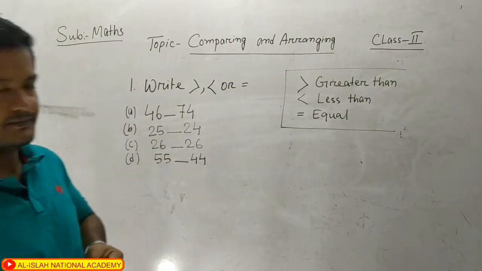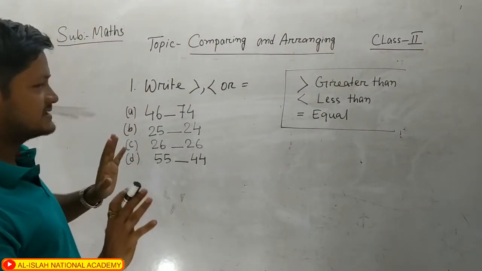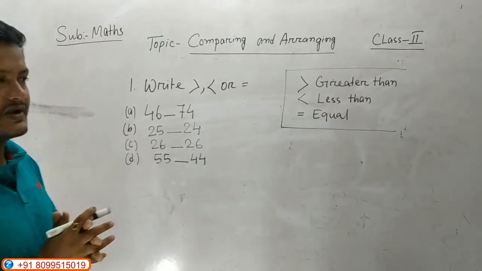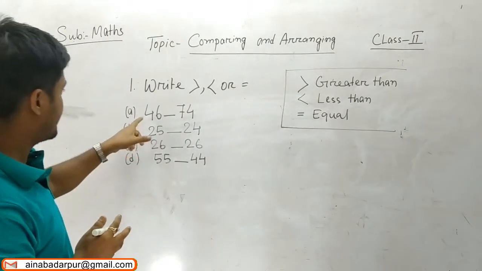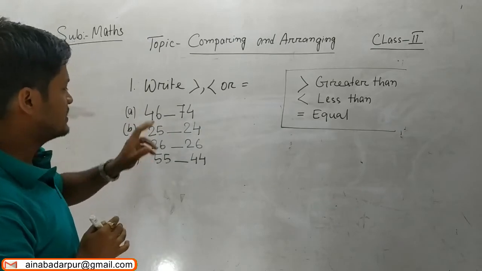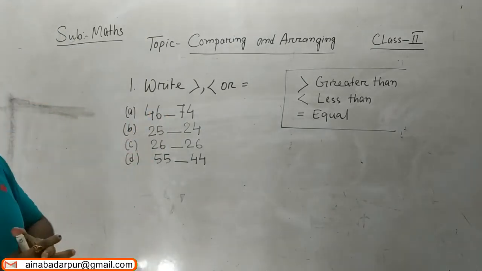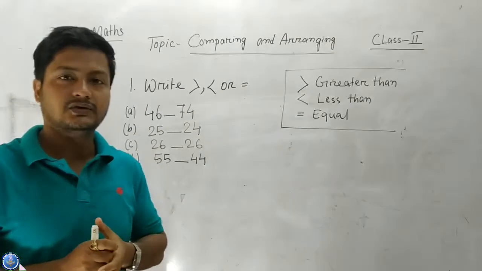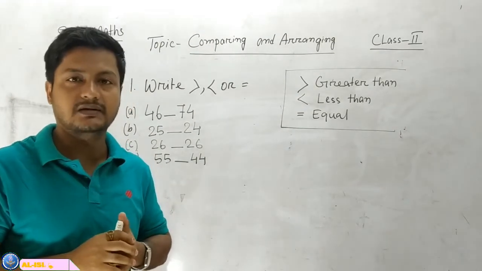So let's solve. First you find out which number is bigger. 46 or 74? 74 is bigger. One thing you remember: the crocodile mouth always goes to the bigger number.